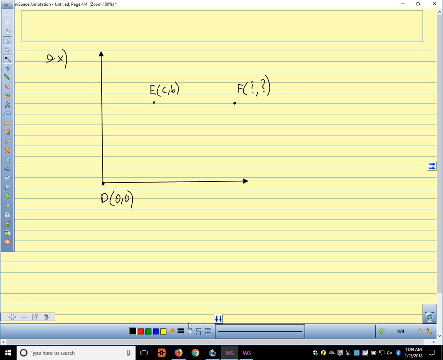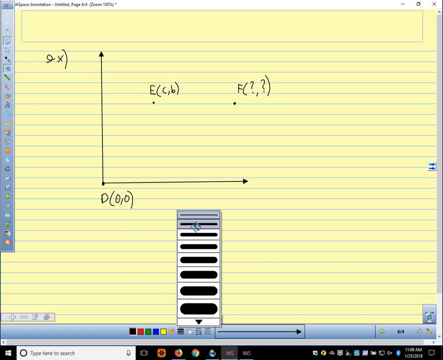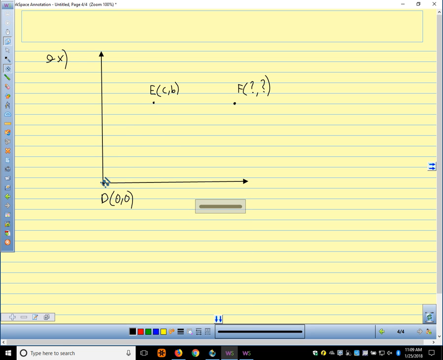Oops, that's not what I wanted. I wanted this. I just want to make sure my drawing looks like a parallelogram. There we go.